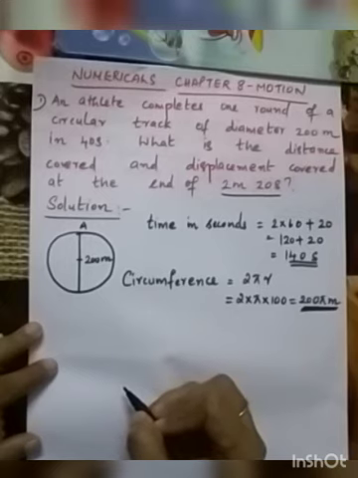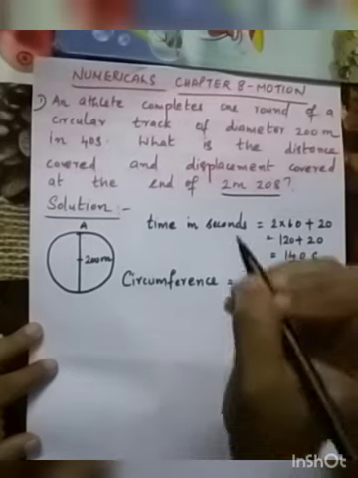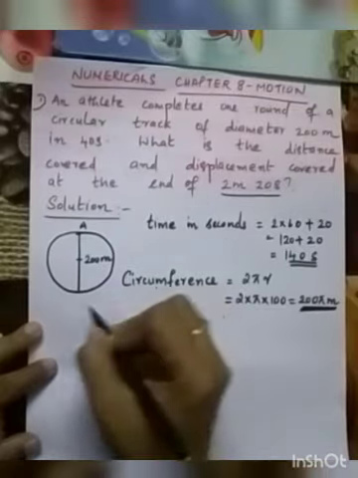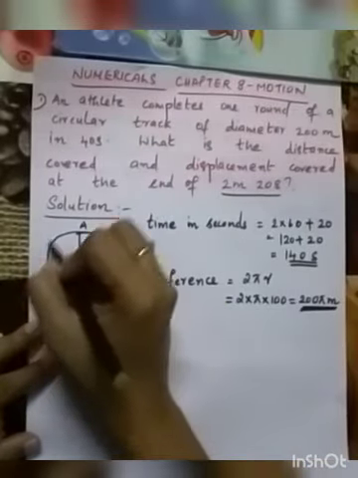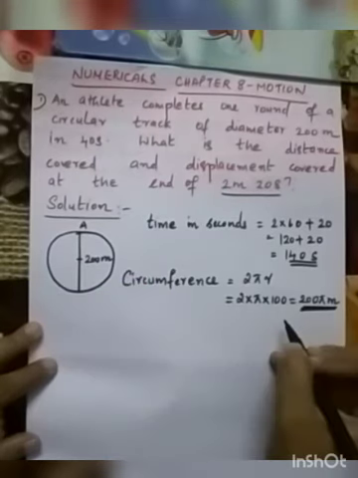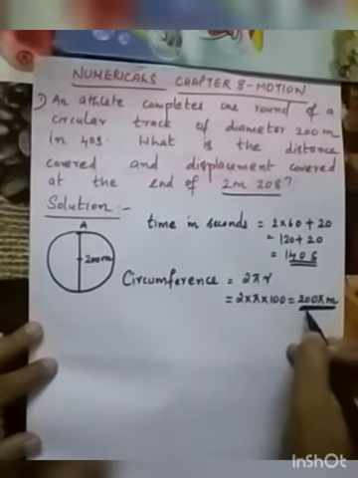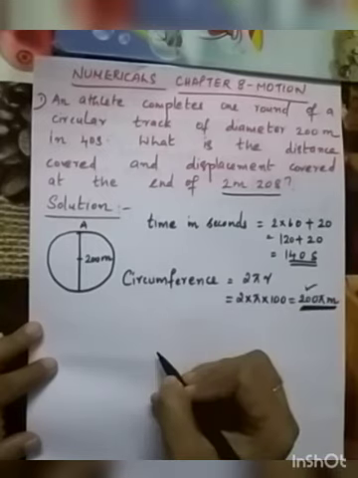Now, within 40 seconds, the athlete completes one round of the circular track. It is given in the question. So one round means what? Circumference of the track. So within 40 seconds the athlete covers this much distance.